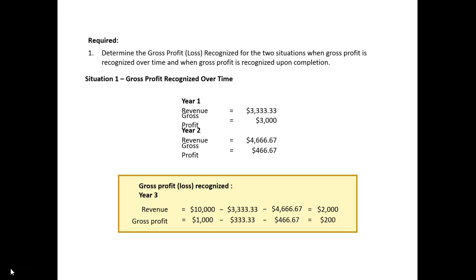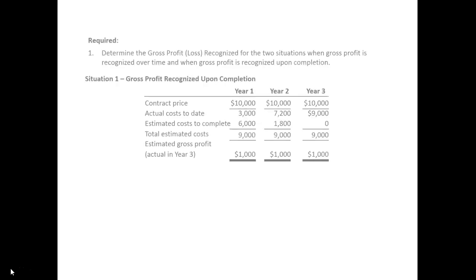Our gross profit then is going to be the amounts 1,000 minus the 333 minus the 466, which leaves us with 200.